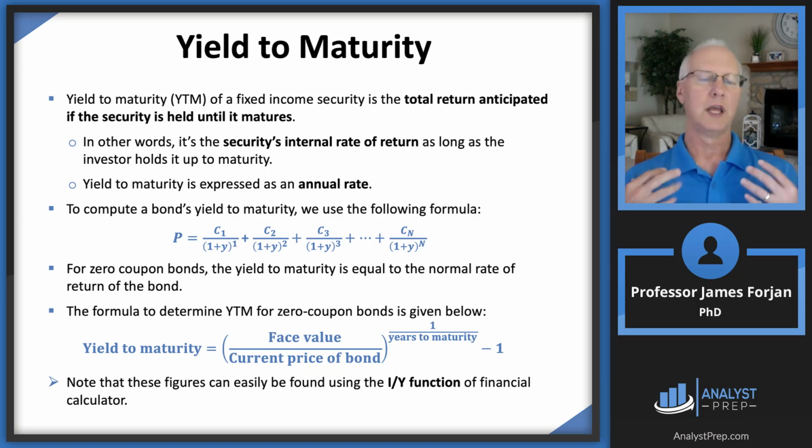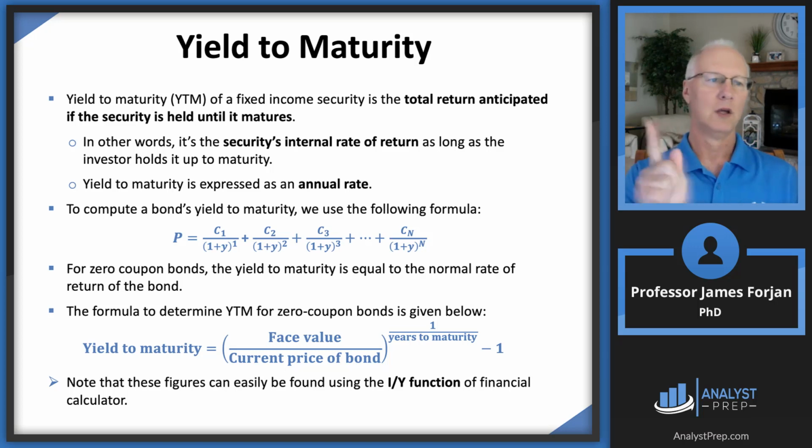Look, the borrower, whether it's a government or a corporation, comes to you as the bondholder and says, hey, lend me a bunch of your money, I'm going to go do something with it. And you wag your finger and say, look, you can only have my money if you pay me this yield to maturity. That's your required return on the bond.